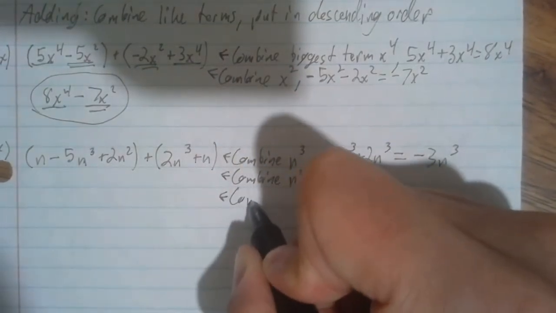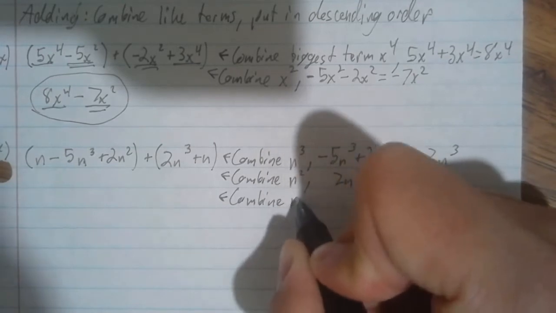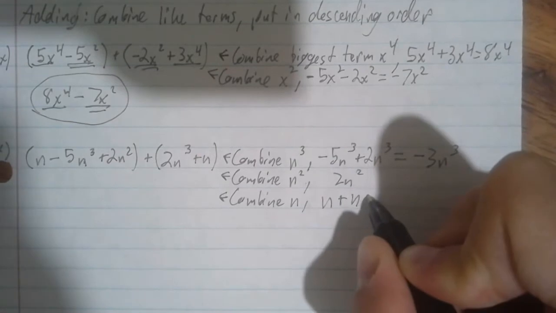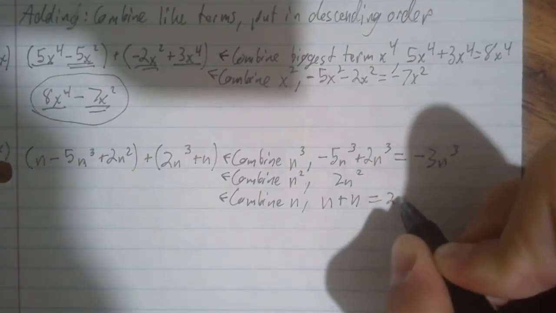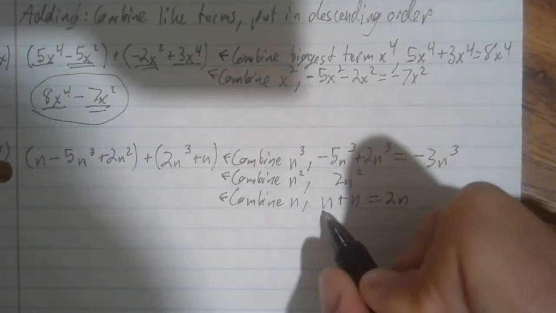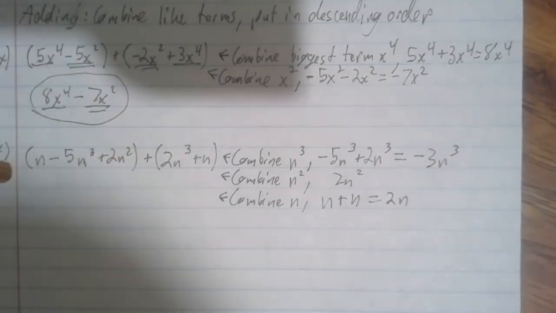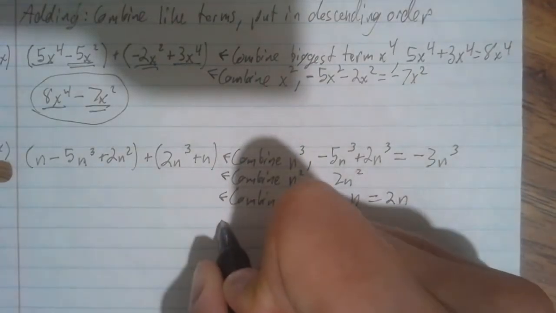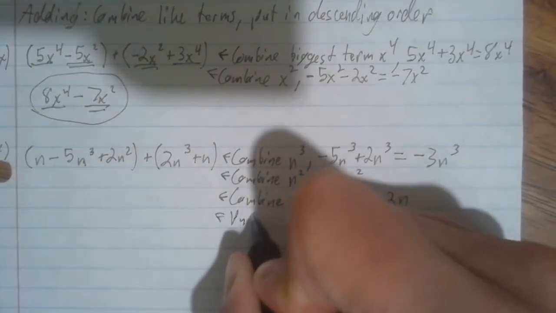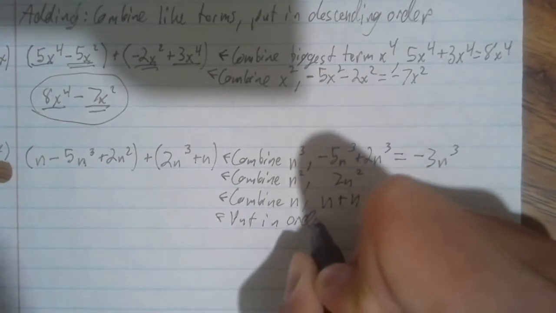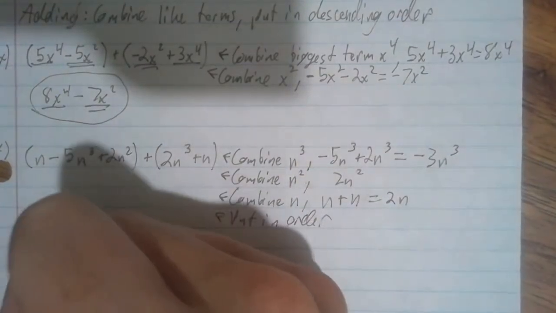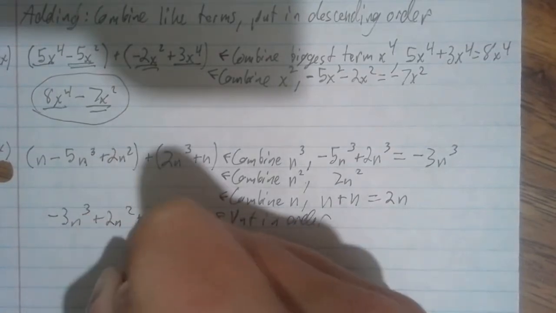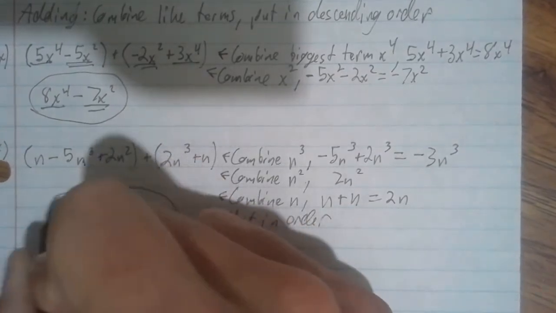Then we combine our n's, and we have an n plus an n, giving us 2n, because these are 1n and 1n, so 1n plus 1n is 2n. Now we just put these in order. So negative 3n to the third plus 2n squared plus 2n, and then we're done.